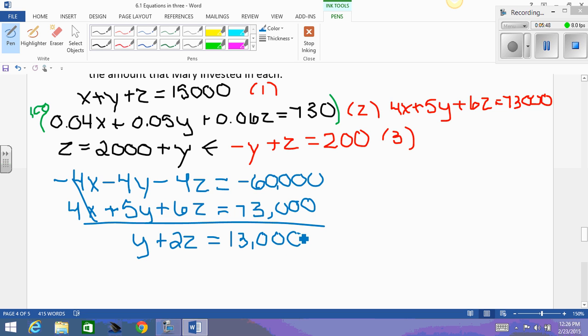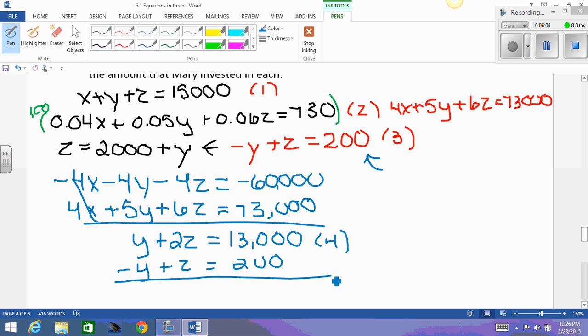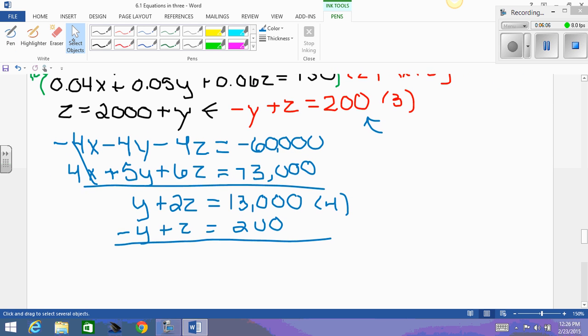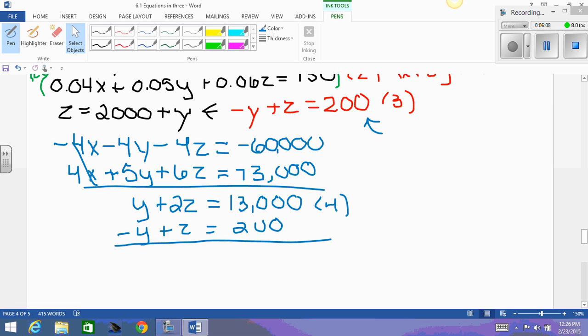So I've got a new equation, and we're going to call that equation 4. Now we've got our equation 3, which is already in terms of two variables, y and z. We're going to add those together. The y's are going to cancel. Very nice: 3z equals 13,200.